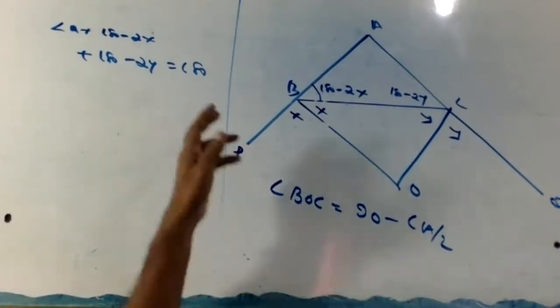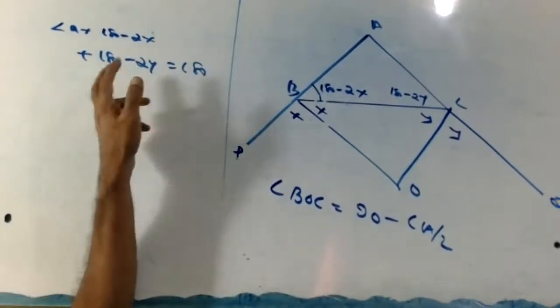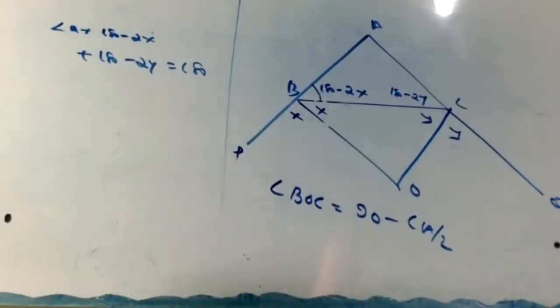Okay. A plus 180 minus 2x plus 180 minus 2y equal to 180. Agree or no?